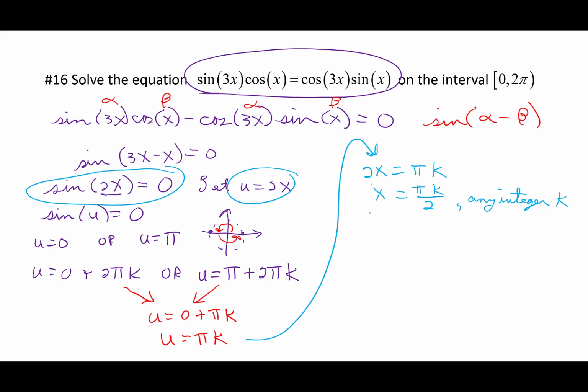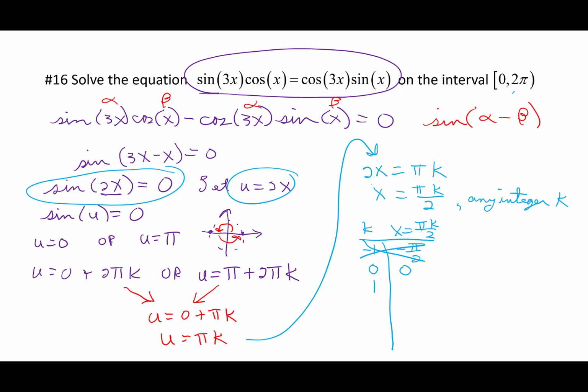And if you remember in class, what we do here is make a chart of values for k, and for x equals pi k over 2. Technically, we should probably start with -1. But if we put -1 in for k, we'd have negative pi halves. That's not between 0 and 2 pi, so we'll ignore that. We'll put in 0 for k, and then x equals 0.